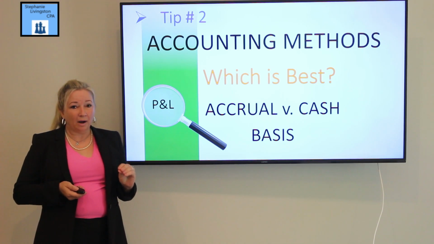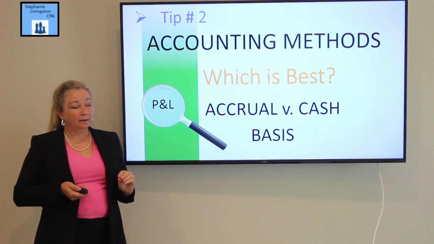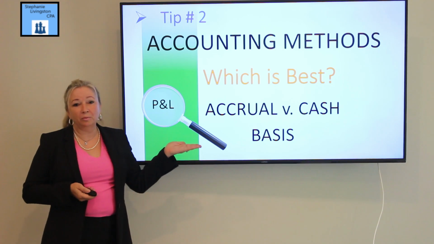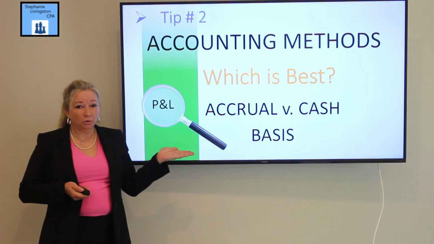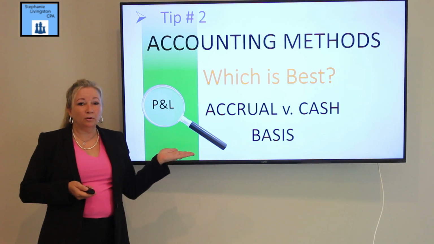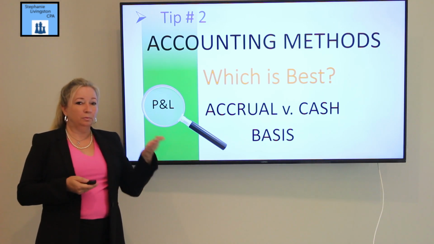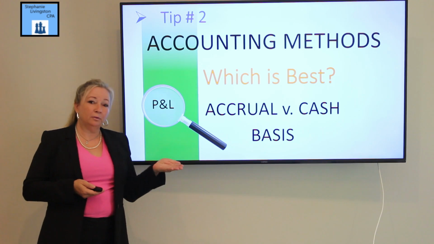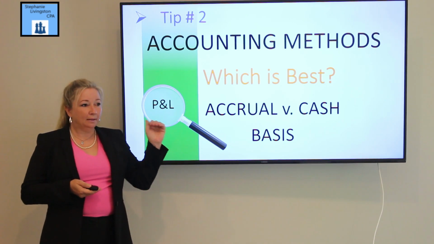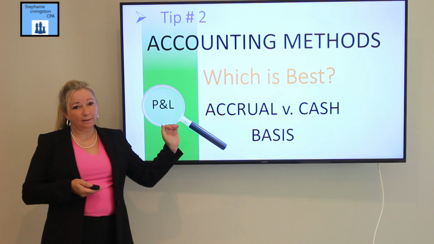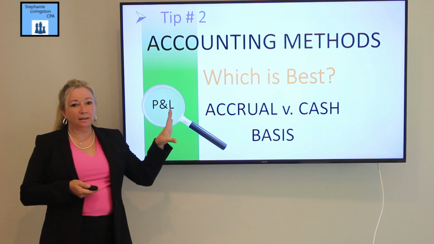When you're looking for how can I make more profit, we have to talk about the accrual basis method. The accrual basis method is based on performance, because if you perform a job, you bill for a job. When you bill for a job, that revenue that you invoice out now sits on your profit and loss statement.